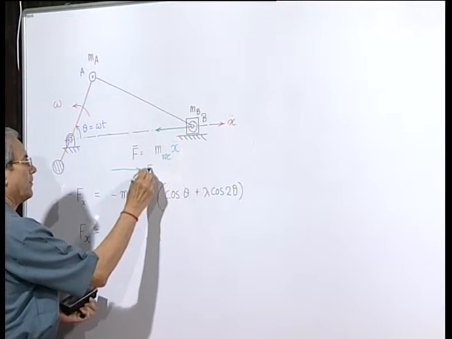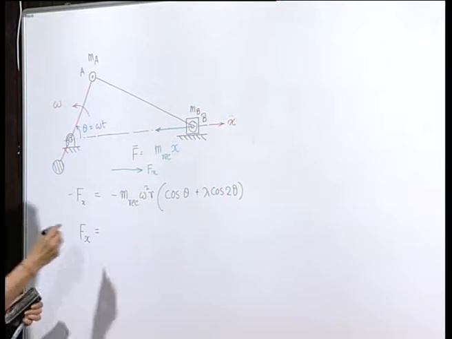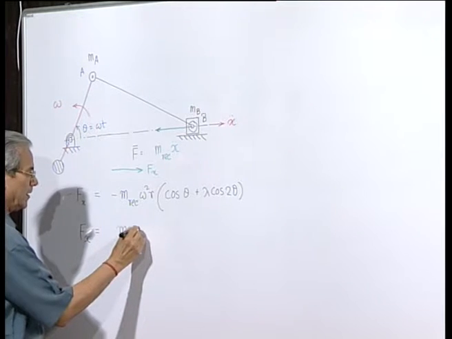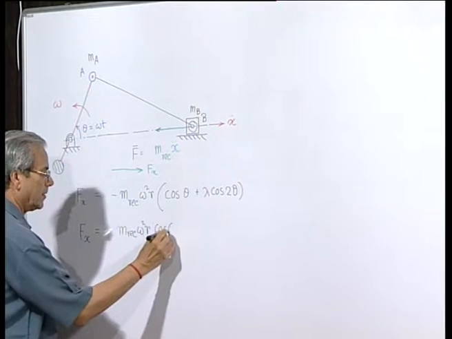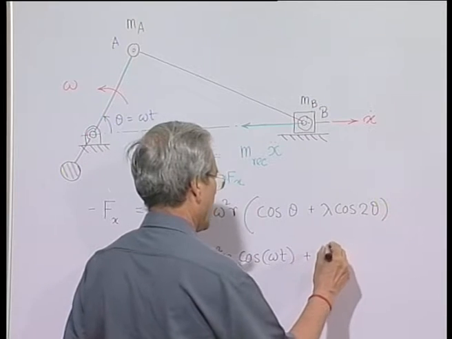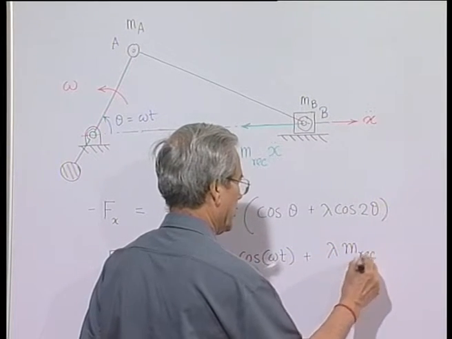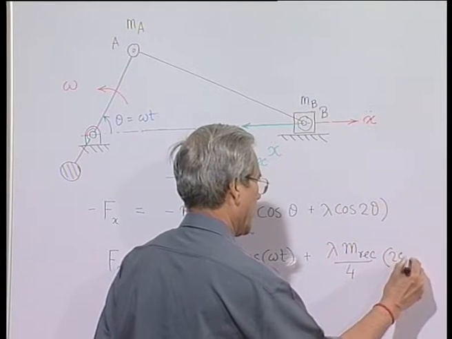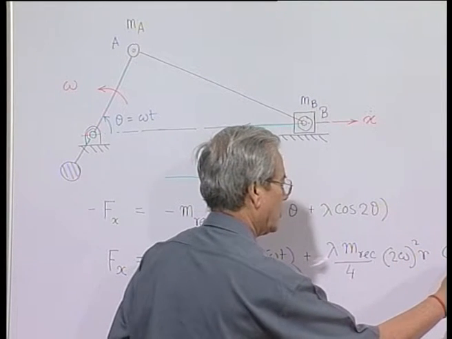If we call it f x, then f x is nothing but m reciprocating omega square r cosine omega t plus lambda m reciprocating by 4, 2 omega square r cosine 2 omega t.